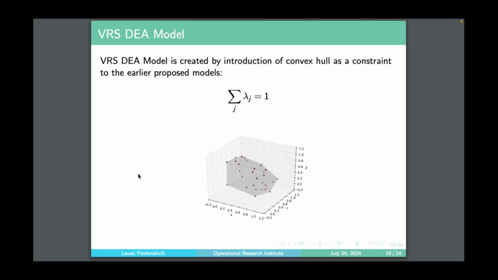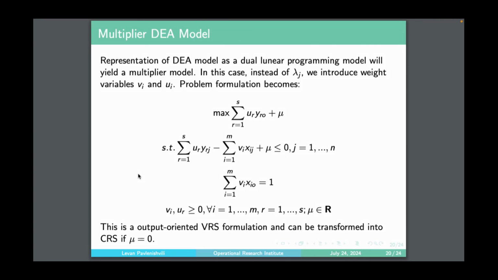There's also a DEA model which in most of the literature you will actually find, and not the one that I presented before. It's called a multiplier model. The reason is that this gives you much clearer results.